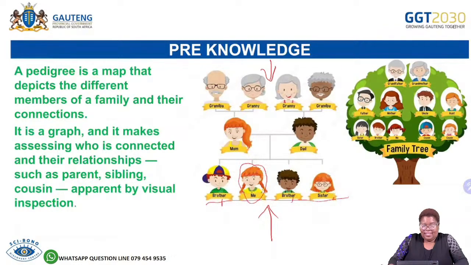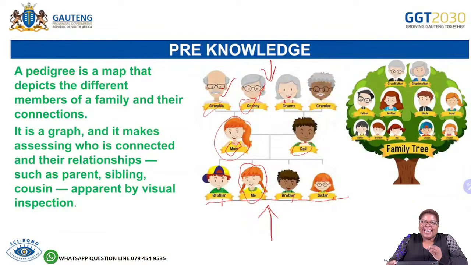And then we've got our mom and our dad. Our mom has got her mother and her father. To us as siblings, they are our grandparents. So this will be your grandpa, this will be your grandma.